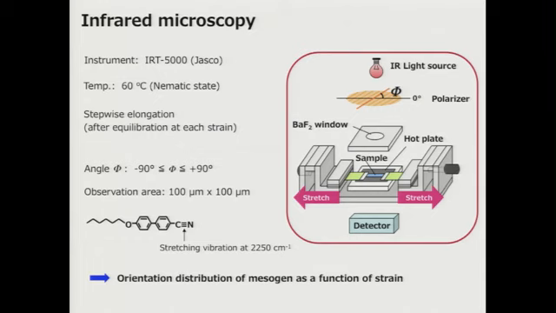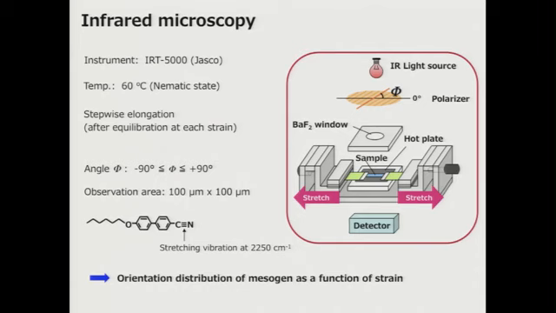Now here the sample is elongated from both directions. We observe the texture development, and also we measure the stress-strain curve. Also, we use infrared microscopy to characterize the mesogen orientation distributions. We use the stretching vibration of the cyano group.